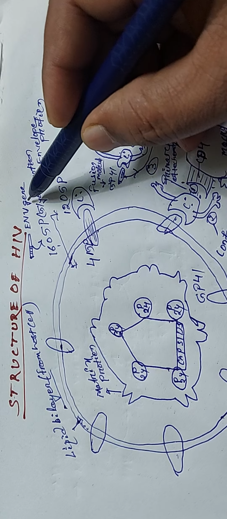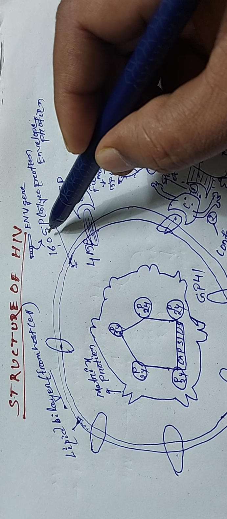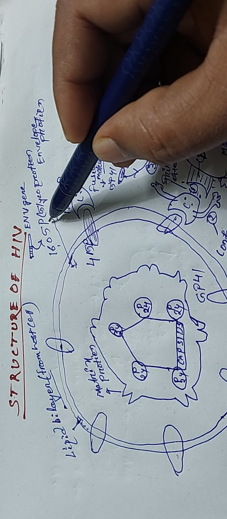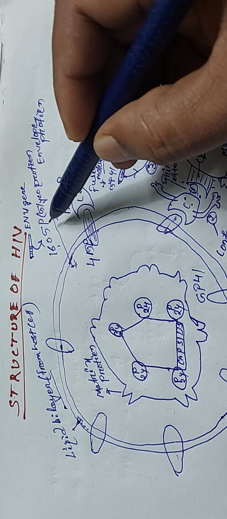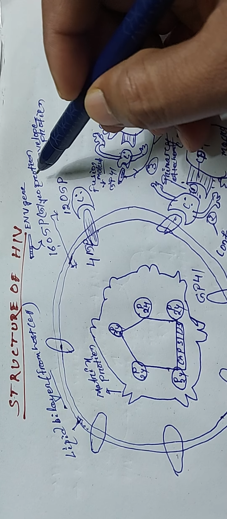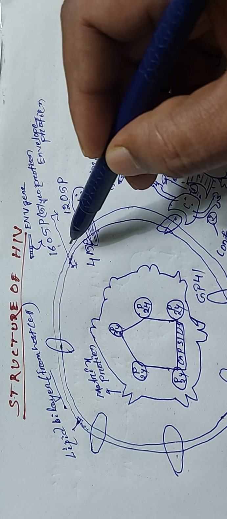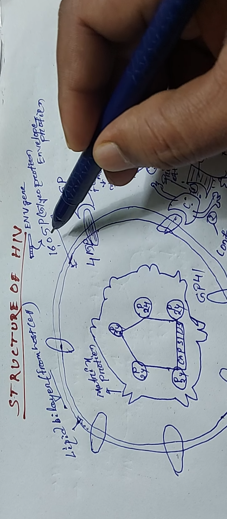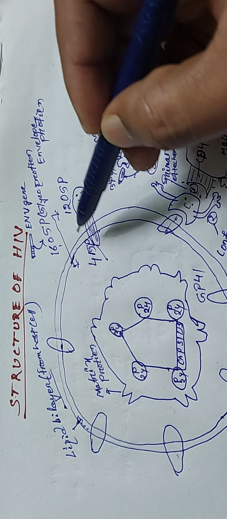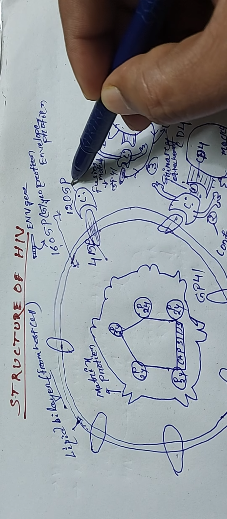That ENV gene of the virus produces GP160, the 160 glycoprotein, which is called the envelope protein. Again, that GP160 produces GP41 and GP120.